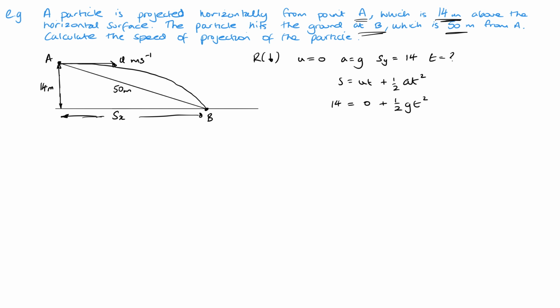So multiply by 28 over G equals T squared. So T, and that gives us, from the calculator, 2 root 35 over 7. Let's get it as a decimal, 1.69 seconds there, to 3 significant figures.